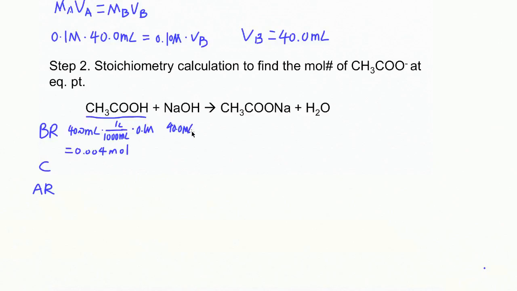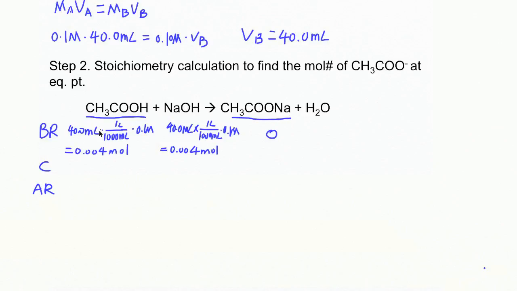Again, you convert that to liter, 1000 ml at the bottom, 1 liter, times 0.1 mole per liter, and that equals 0.004 mole. Before reaction, there's no sodium acetate, so it's 0.